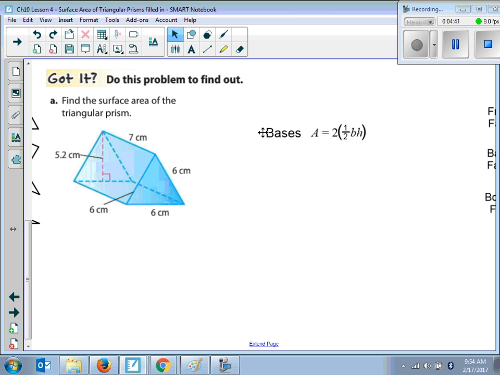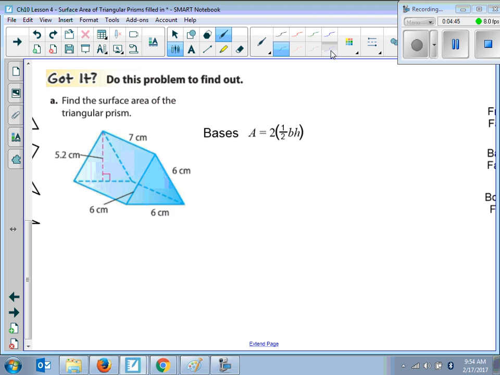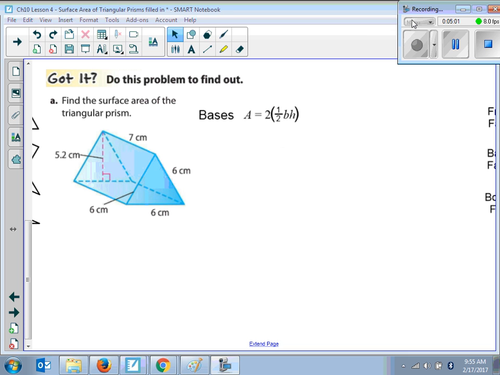So the formula for the base is 1/2 base times height, right? But because we have two bases, we're going to multiply times 2. Does everybody see that? So there's our formula. We have two bases with the formula 1/2 base times height.